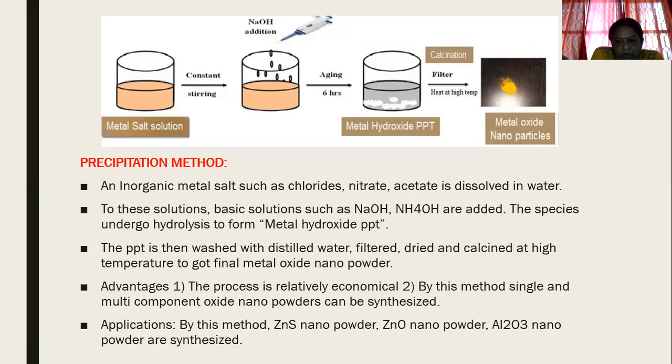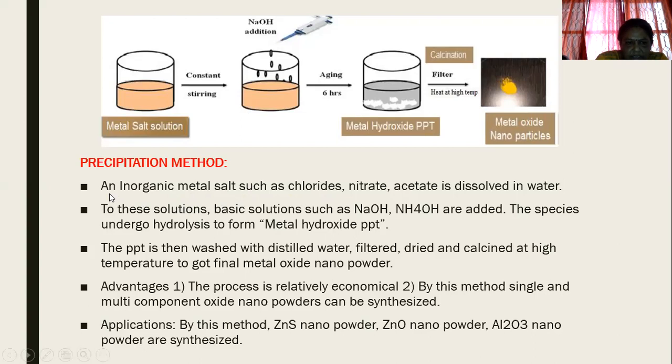Now, secondly, the second kind of method by which you can prepare nanoparticles is known as the precipitation method. Sometimes it is also called the co-precipitation method. So in this second kind of preparation of nanoparticles, again we'll have to choose the precursor.